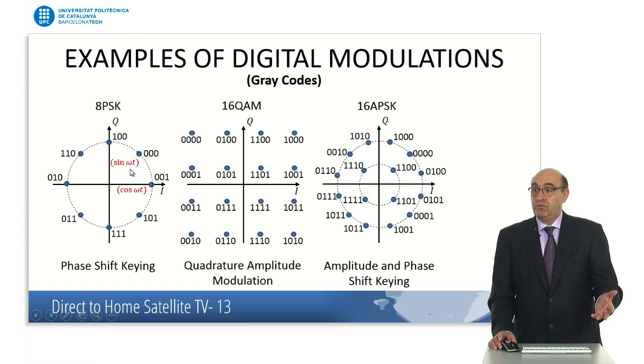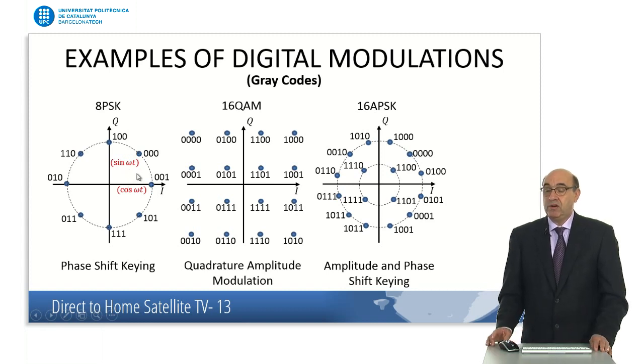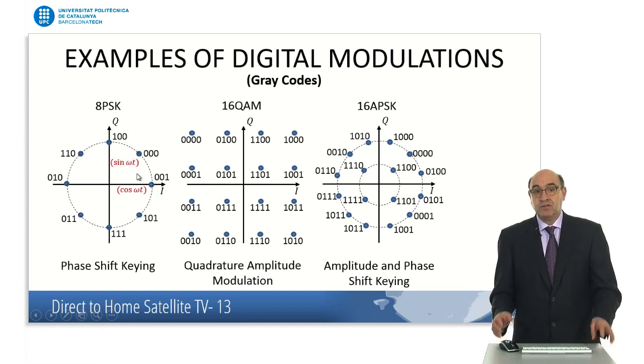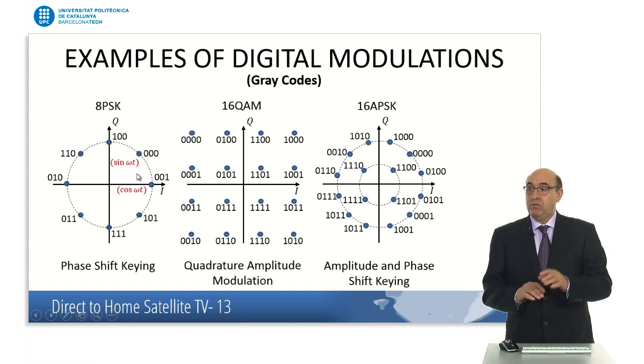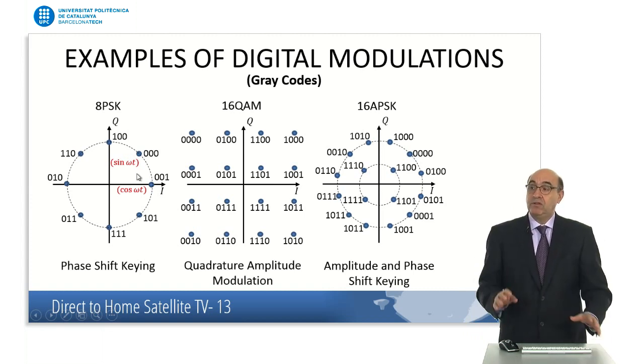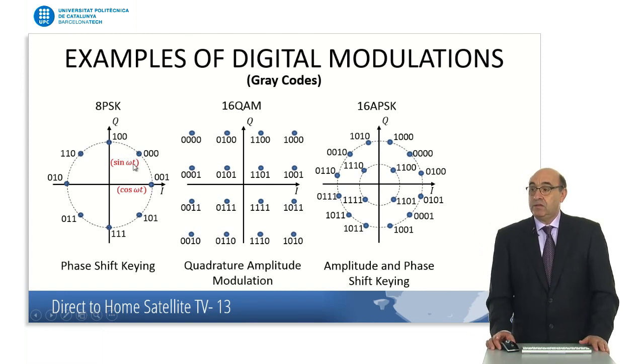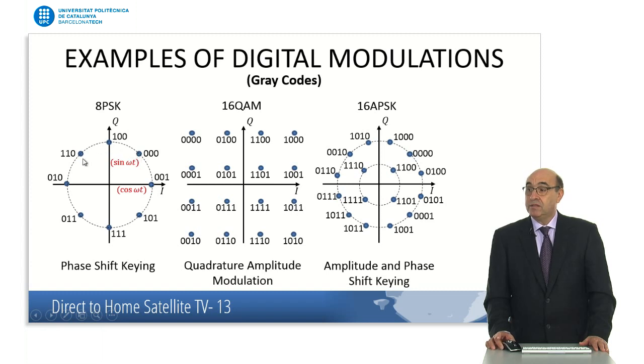Those 2 functions, you know perfectly well that they are orthogonal to one another, and that's the basis for the Fourier series. So we can play with the 2 and with them get different values of phase and different states of the modulation. And here you have the 8 states, which are nothing more than 8 different phase states around here, 45 degrees each one of them.